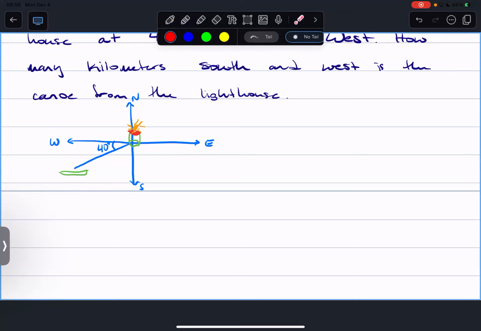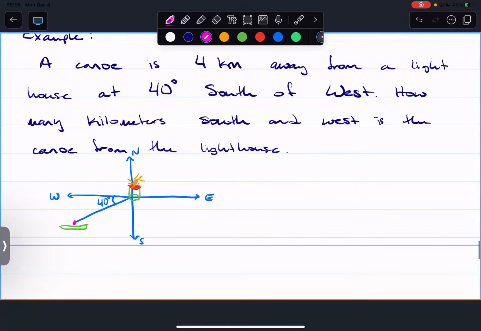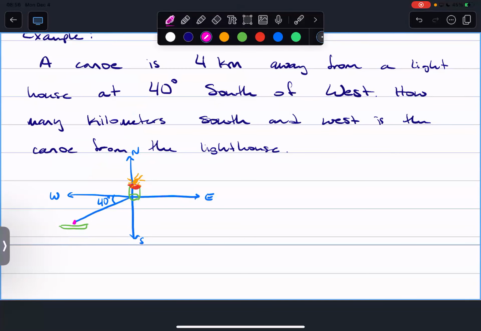Same question, similar, except where are we gonna take this point? Oh, and I guess it was 4 kilometers away. Now this is my y, which is technically going to be a negative value, right?